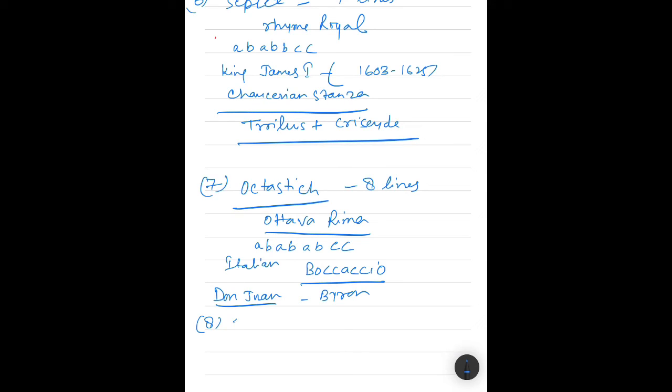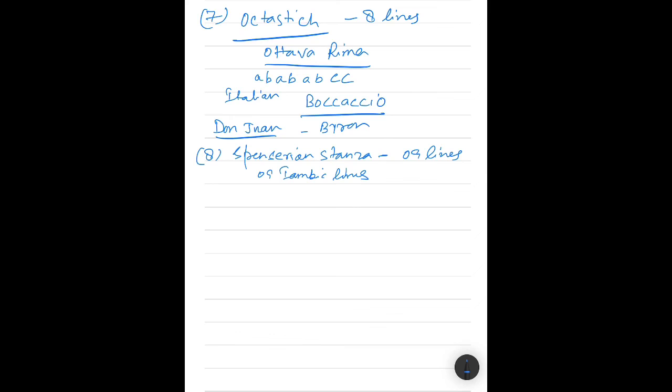Now coming to the last one, that is a Spenserian stanza. It's a stanza of 9 lines. 9 iambic lines. Just remember 9 iambic lines. And just try to understand. Here in a Spenserian stanza, first 8 lines are pentameter, and last is hexameter.